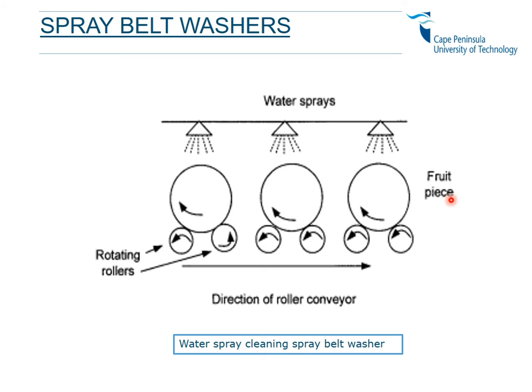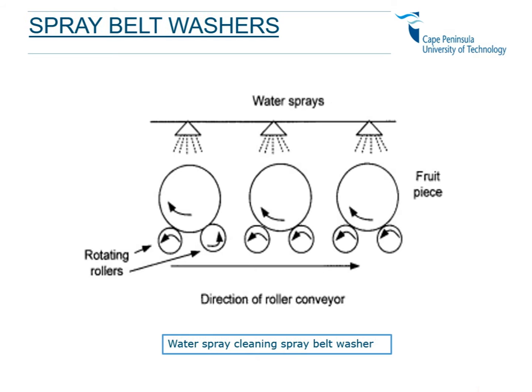This is normally used for spherical foods such as apples, to improve contact with the water, so they are able to rotate. Smaller foods may require vibrating the conveyor belts to remove adhering dirt by agitation. So this is normally used for application in spherical food products. Let us now look at an example of soaking and spraying of pineapples.